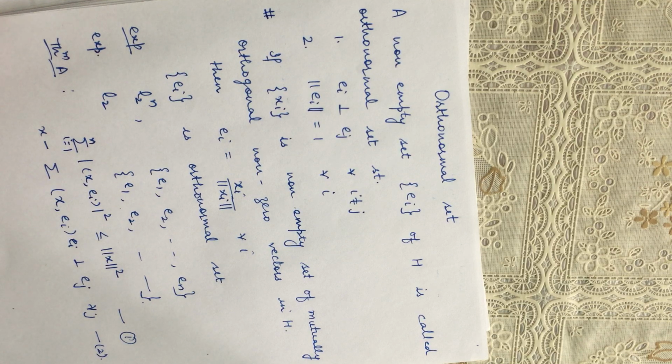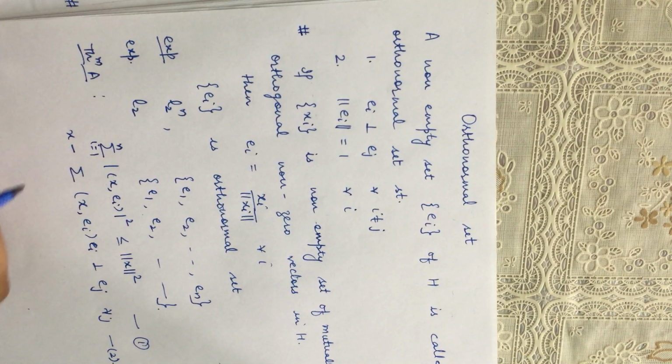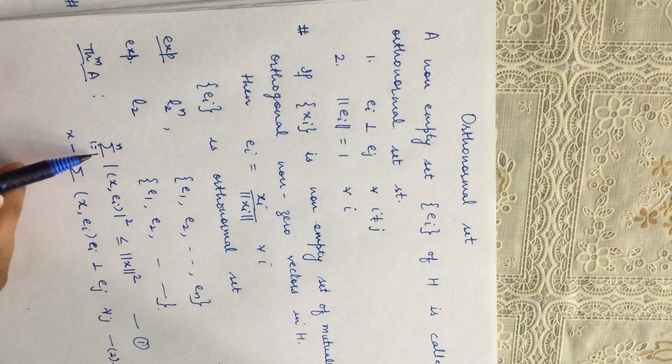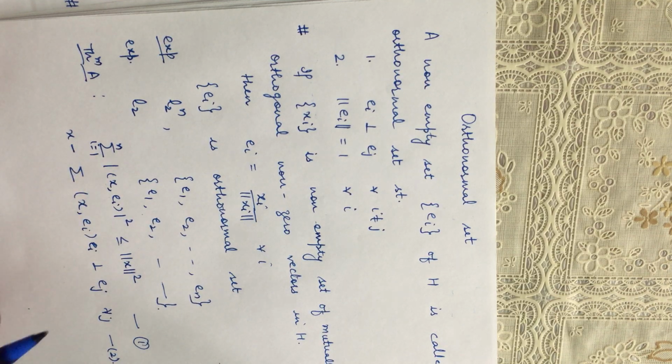After that we have a theorem. Actually this is Bessel's inequality for the finite case, but we have to prove Bessel's inequality for the infinite case, which means if we have an infinite orthonormal set e_1, e_2, e_3 and so on, then this inequality also holds.